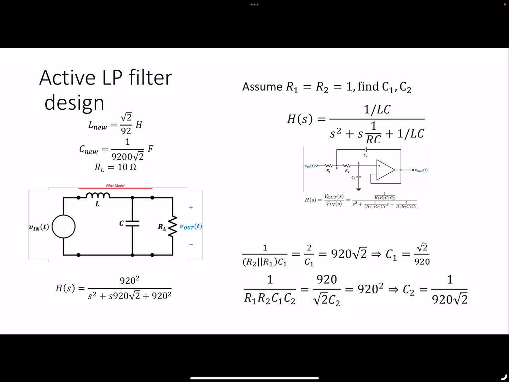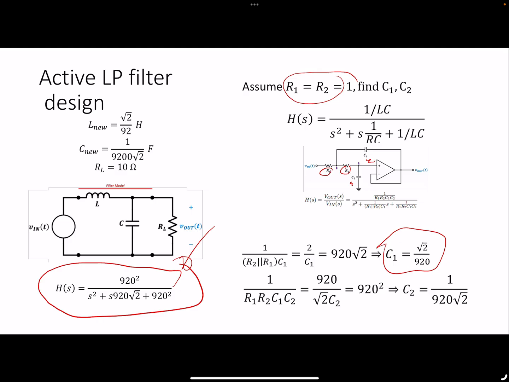Okay, so basically, like I said before, this is the transfer function we want. We choose 2 of the lumped elements arbitrarily, whatever we want. And then the other 2 have to be determined to match the transfer function that we designed for. In this case, that gave us that C1 had to be the square root of 2 over 920, and C2 had to be 1 over 920 times the square root of 2.